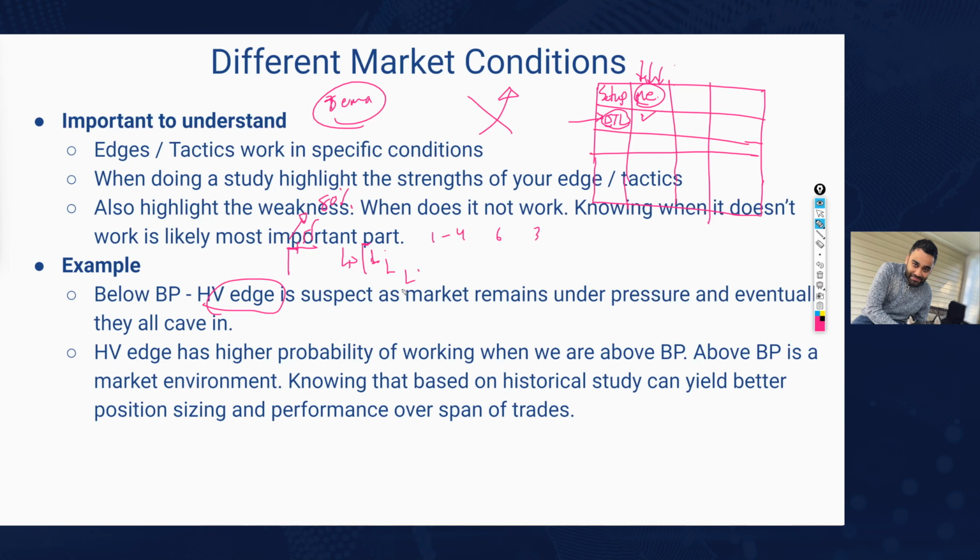But then you have to define, in this market environment, how many HV setups have we seen work more than 3 days? None, probably. That's mostly because the market is not behind you, right? Now, if we take the same thing and we hypothetically move the market above the BP level, or IBD uptrend, or above 8 EMA, what have you, you'll see they will start working a lot more than just 3 days, right? So I feel that part is very important.